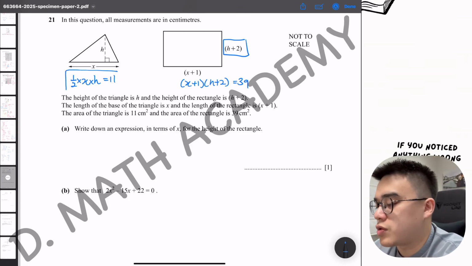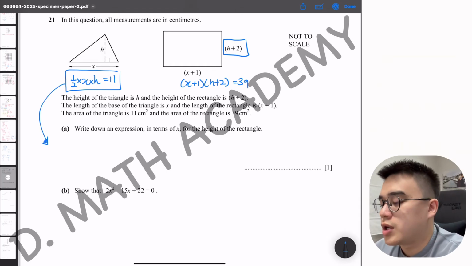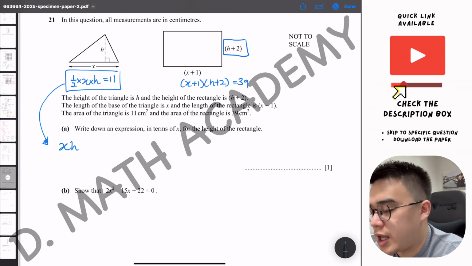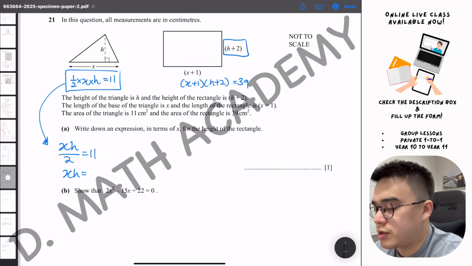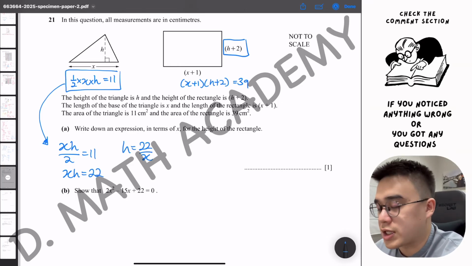So I decided to navigate from the area calculation here. I will transfer the 2 to the other side first. It's actually xh over 2 equals 11, xh equals 22, and h will be 22 over x.